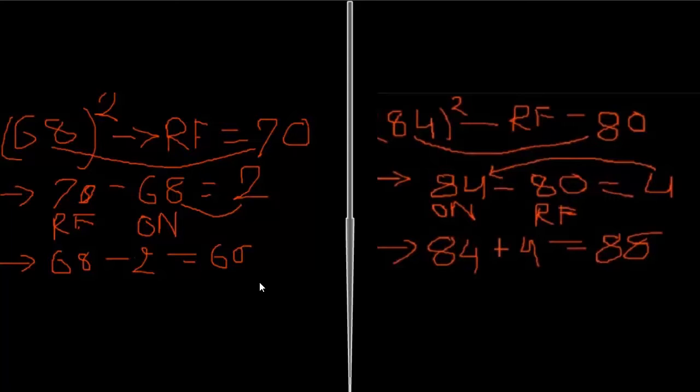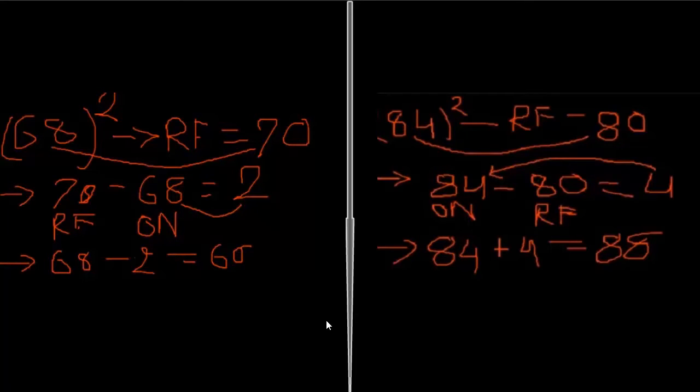The only difference is in the second step of both methods. In the first example we subtracted the result we got in the first step, that is 2, from the original number 68, and in the second example we added this 4, the result we got in the first step, to the original number.